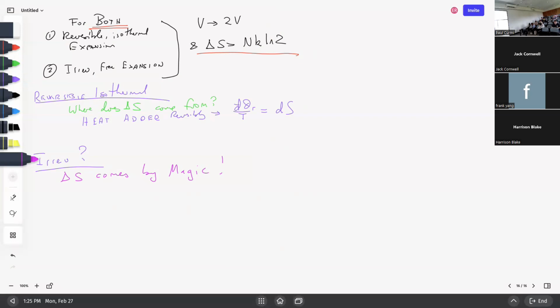One has heat coming in and it does work. So in the reversible process, every bit of heat that comes in as energy is equivalent to the amount of work the system does. So energy comes in and energy goes out. At the end of the day, the energy remains constant, okay? Whereas in the second one, there's no energy change, there's no heat, there's no work, and the entropy goes up all the same, okay?